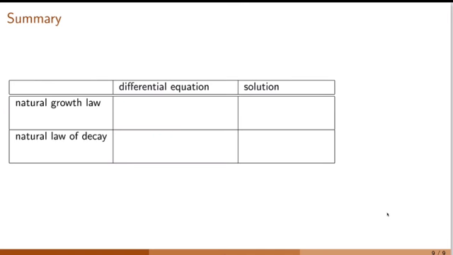Let me summarize. We considered two laws, the law of natural growth and the law of natural decay. And they were defined through differential equations. So for the growth law, we used P for a population. P prime of t is k times P of t. And we had an initial condition, P at time 0 is P0. We found the solution, P of t is P0 e to the kt.